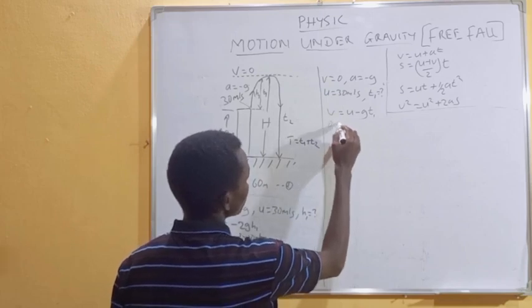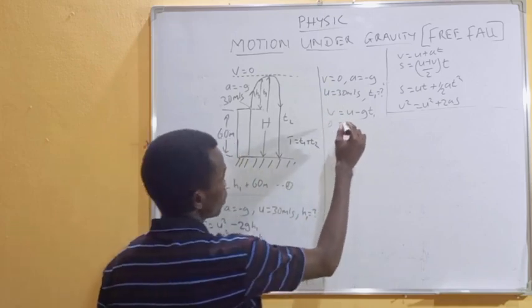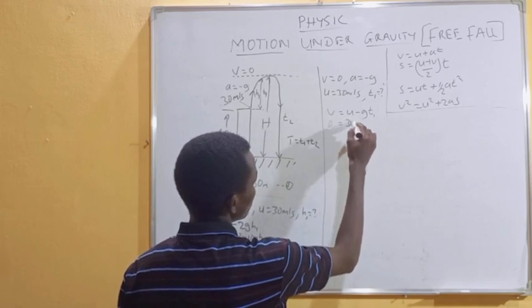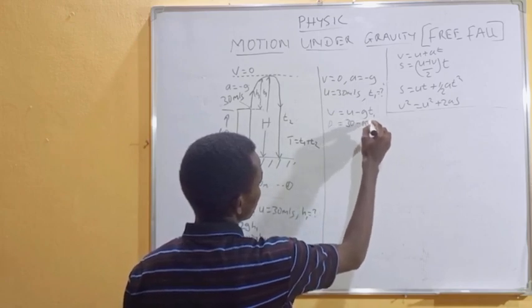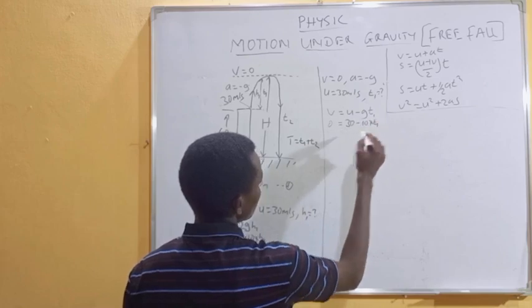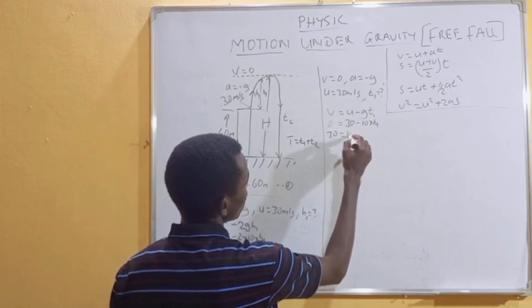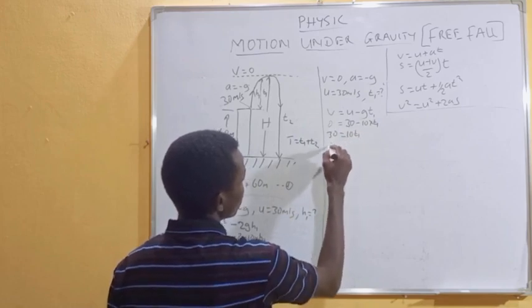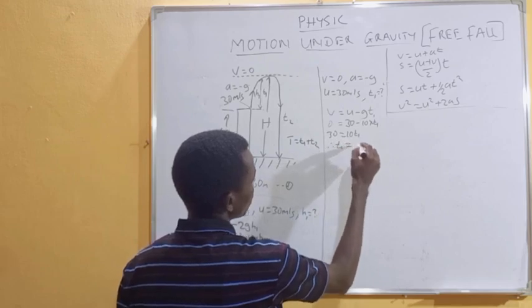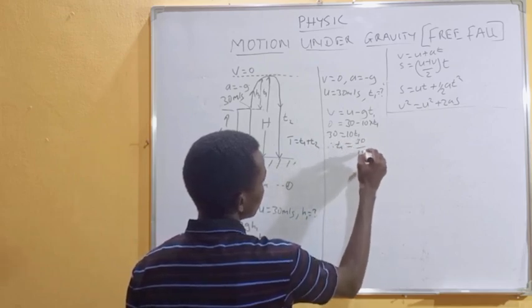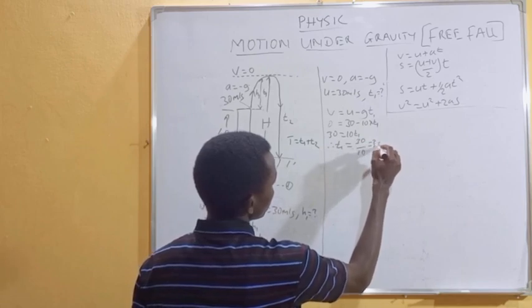Therefore, 0, which is our final velocity, is equal to 30 minus 10 times T1. Move this to the other side, because 30 is equal to 10 T1. Therefore, T1 will now be 30 divided by 10. We have 3 seconds.